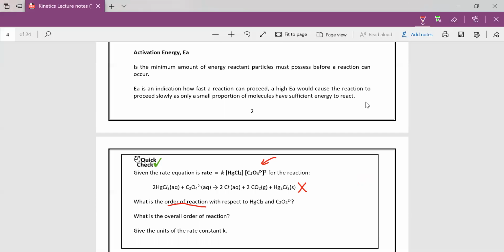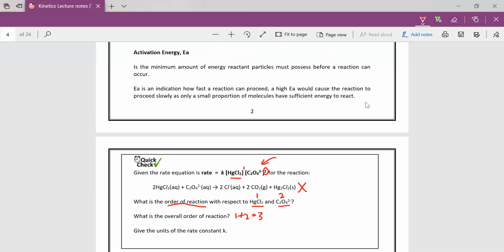All right, so for HgCl2, the order is 1. For C2O4 2-, the order is 2. So this is 1 and this is 2. The overall order, you just add up the two orders of reaction, 1 plus 2. I think all of you will know that it's 3.